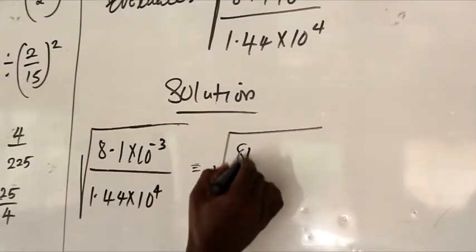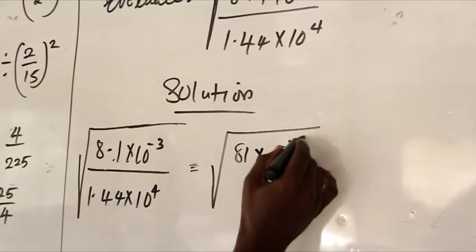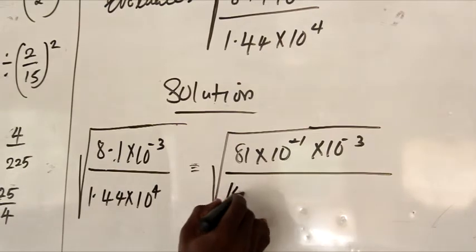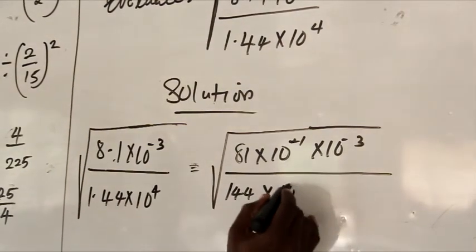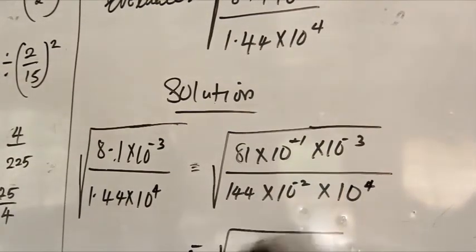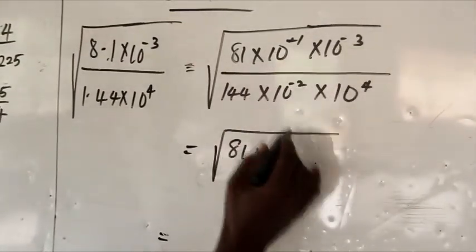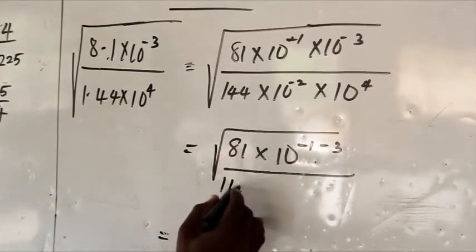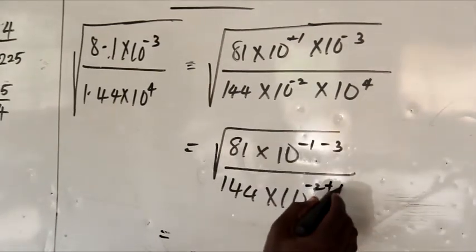Okay, 8.1 can be written as 81 times 10 raised to the power of minus 1, times 10 raised to the power of minus 3, all upon 1.44, which can be written as 144 times 10 raised to the power of minus 2, times 10 raised to the power of 4. Using the law of indices here, this becomes 81 times 10 raised to the power of minus 1 minus 3, upon 144 times 10 raised to the power of minus 2 plus 4.